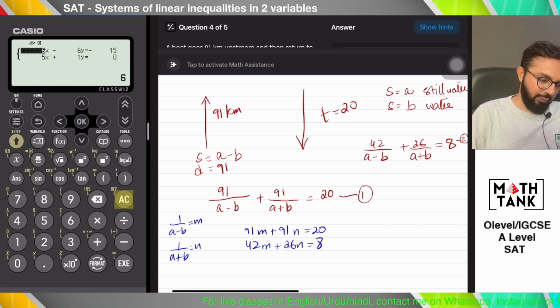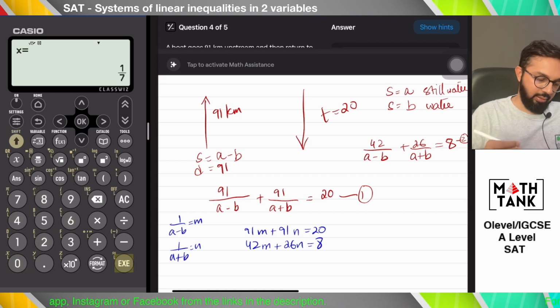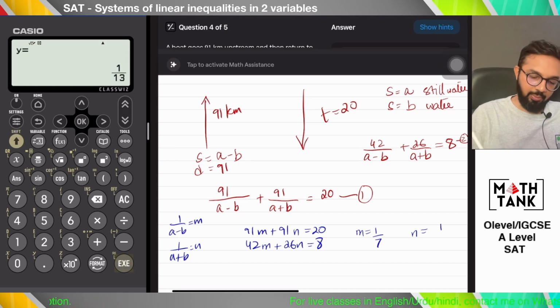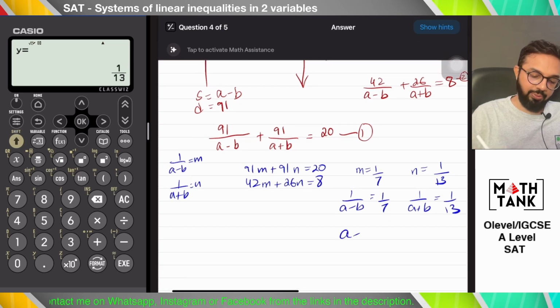Let's start solving these simultaneous equations. 91, 91, and 20, 42, 26, and 8. So M comes out as 1 over 7, and N comes out as 1 over 13. So 1 over A minus B equals 1 over 7, and 1 over A plus B equals 1 over 13. So A minus B equals 7, and A plus B equals 13.